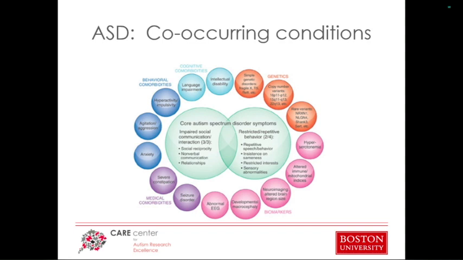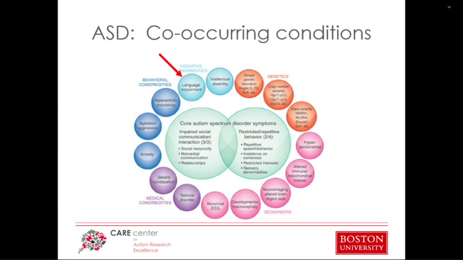Or do they have other kind of biological problems? Do they have medical comorbidities like sleep disorders? Do they have behavioral comorbidities, anxiety, depression, and so forth? And then the cognitive comorbidities here, which include intellectual disability and then language.